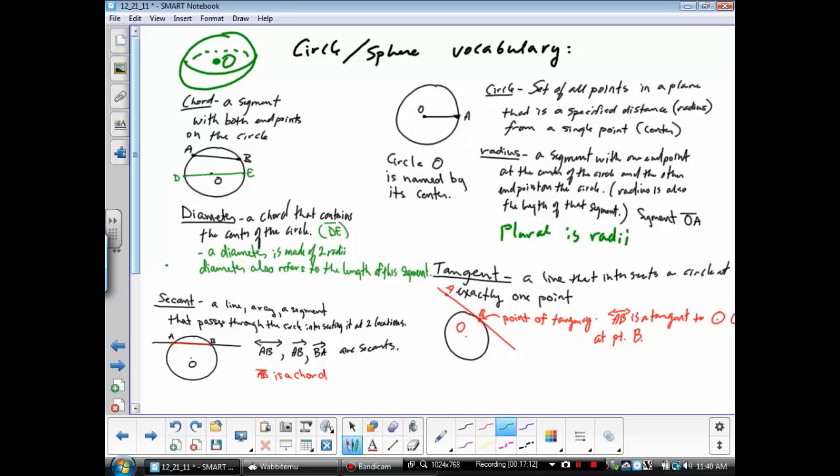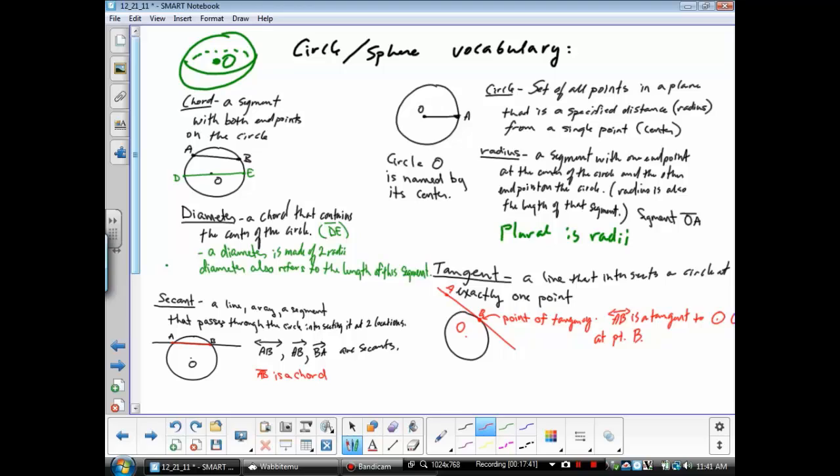Okay. So now, here's a sphere. Notice you name a sphere by a center just like a circle. A sphere is a set of all points, leave out the word in a plane, that are a specified distance, which is your radius, from a single point.